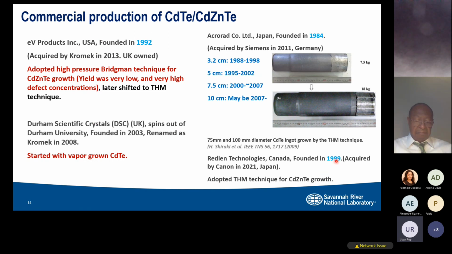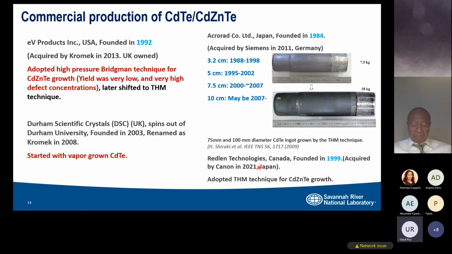And in 1999, Redlen Technology in Canada started growing cadmium zinc telluride by the traveling heater method. And in 2021, about 1.5 years back, Canon, also a big player in making whole body scanner medical imagers with cadmium zinc telluride, wanted to be self-sufficient, so they purchased Redlen in 2021, and they are also continuing growing the crystal by the traveling heater method.